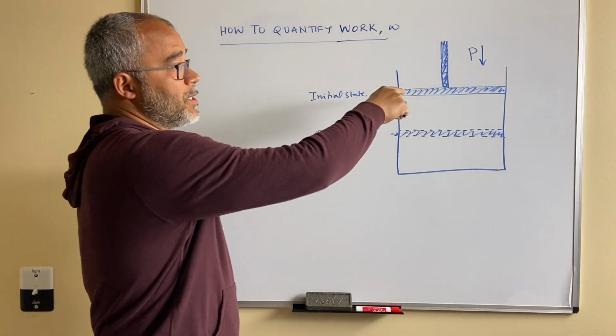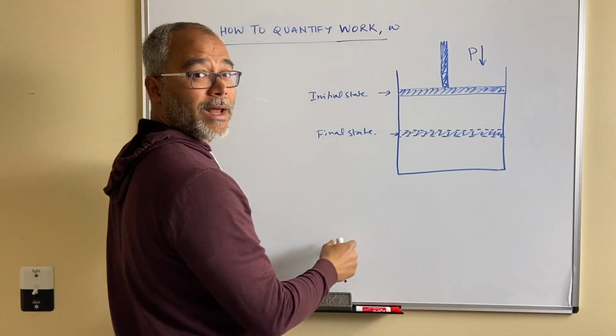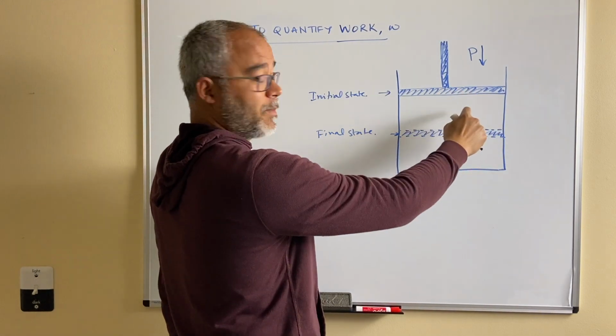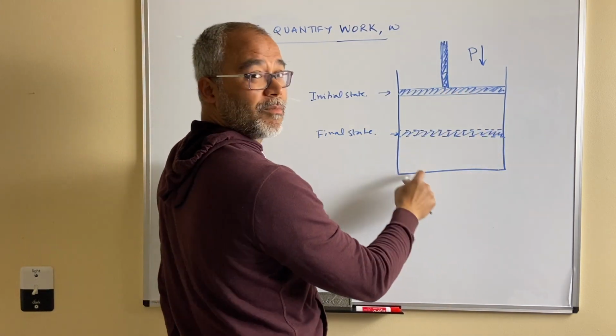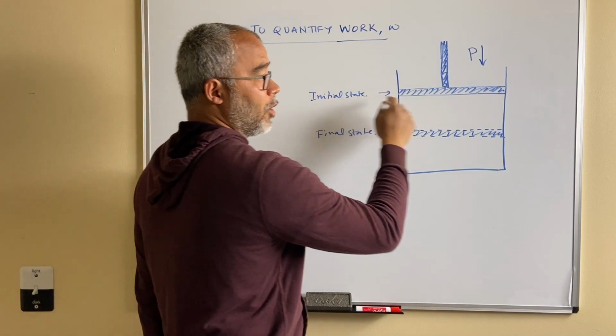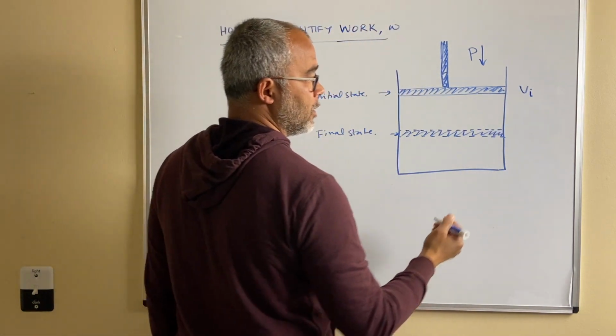As a result of the piston moving from the initial state to the final state, notice carefully what happened to the volume. The volume of the gas initially was taking up this much space, and now the volume got compressed, okay?